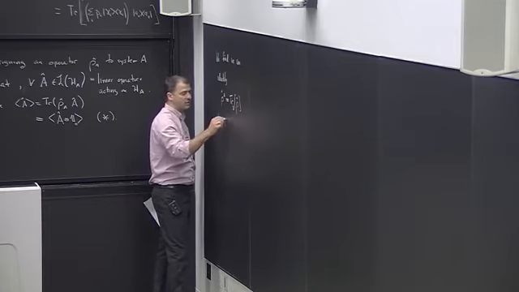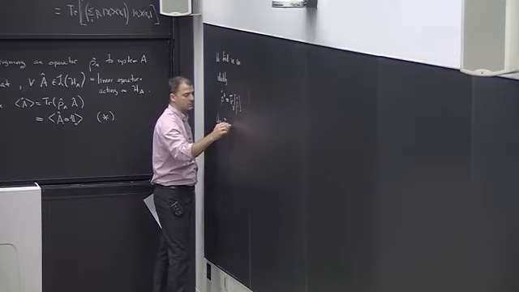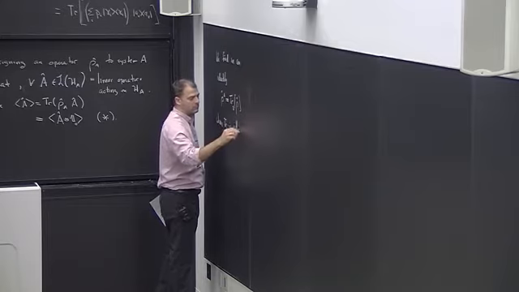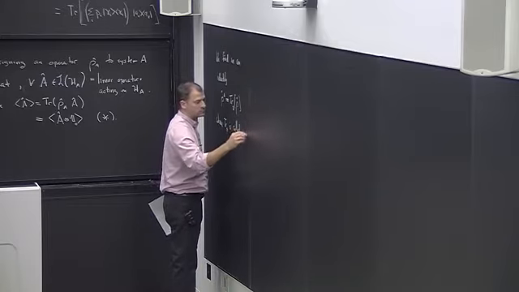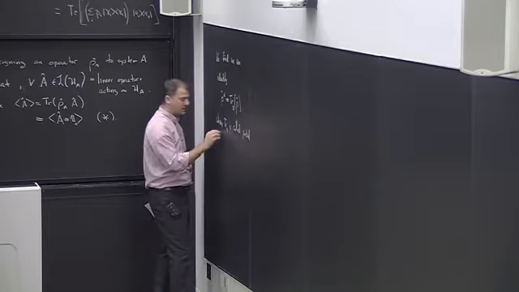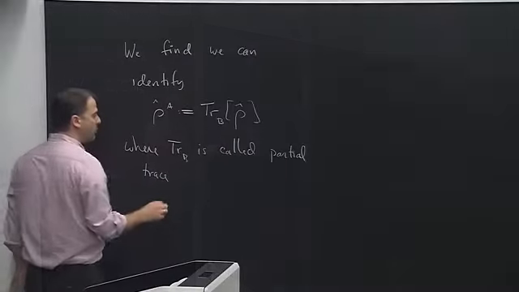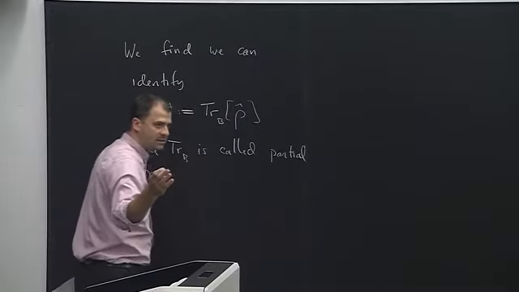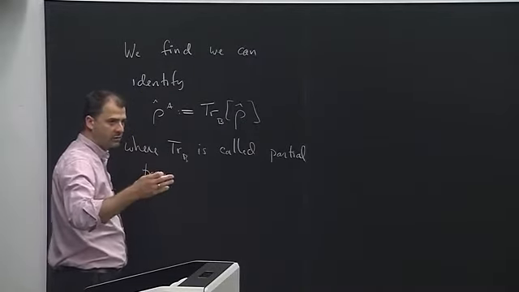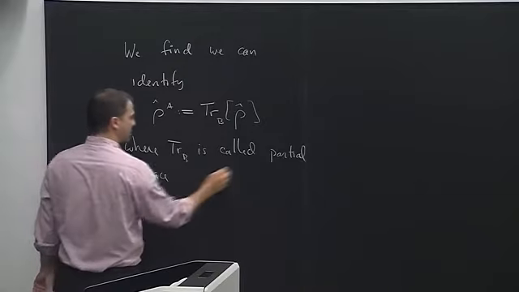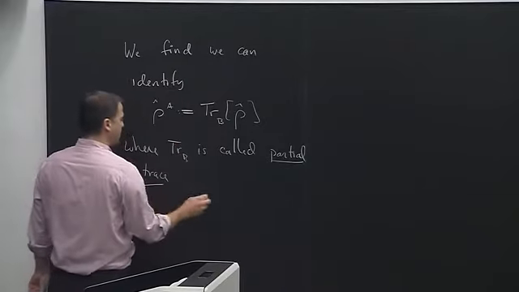Where the partial trace is like the trace, but you only evaluate the trace on one of the systems. It's called the partial trace.